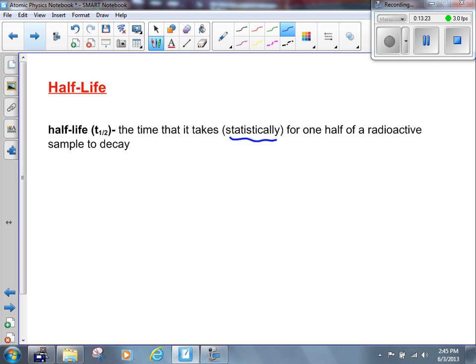Now, if we have a big enough sample size, if we have enough radioactive material, then those rules of probability, those statistical laws work out very, very well. If we don't, they don't work out so well. And all the questions that we have will assume a big enough sample size that the laws of probability work out just fine. In other words, the calculations that we make for our predictions will be legitimate answers.